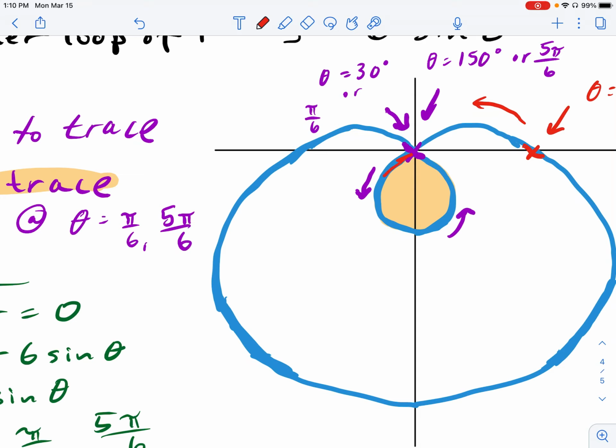I'm over exaggerating this and spacing it out so it doesn't look squished, but I'm really drawing an infinite number of these thin sectors, and this part's important, from the pole to your r value, to the edge of that curve. So you can almost imagine that I'm fanning out and creating this shaded in region that way.